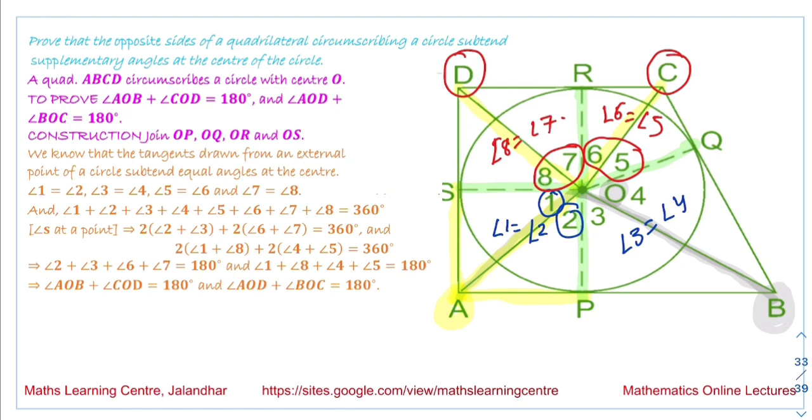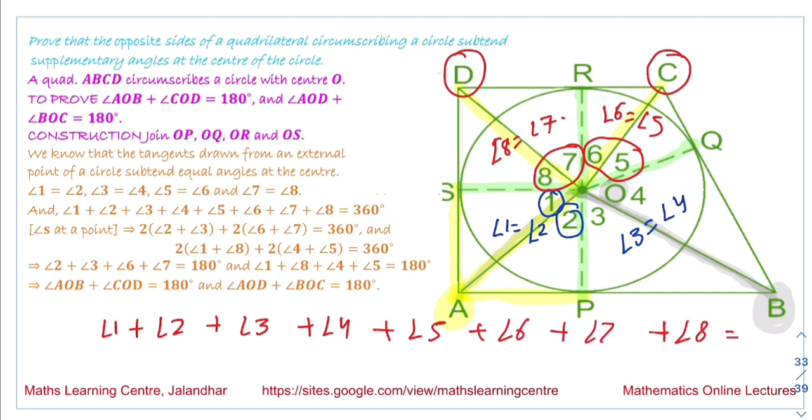Now the sum of all these angles will be 360 degrees. It means angle 1 plus angle 2 plus angle 3 plus angle 4 plus angle 5 plus angle 6 plus angle 7 plus angle 8 is equal to 360 degrees, because it is the angle around the point. Now angle 1 is equal to angle 2, so in place of angle 2 we are writing angle 1.